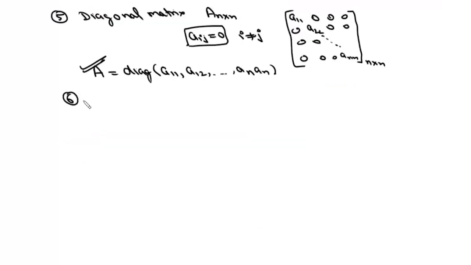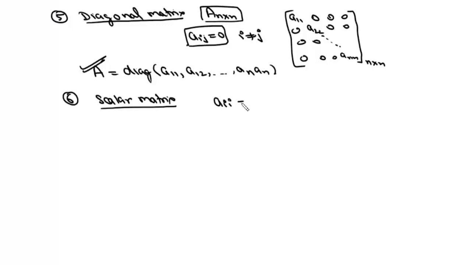Now the sixth type is a scalar matrix. Now a scalar matrix is a diagonal matrix. So again, it'll be a square matrix, and it is a diagonal matrix such that all the diagonal elements are the same.